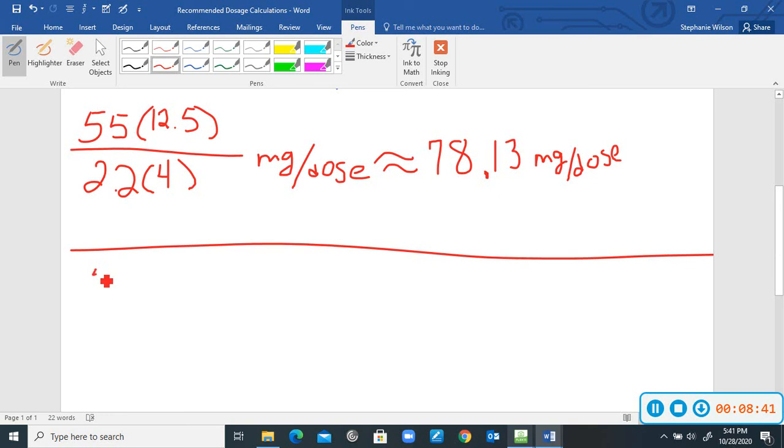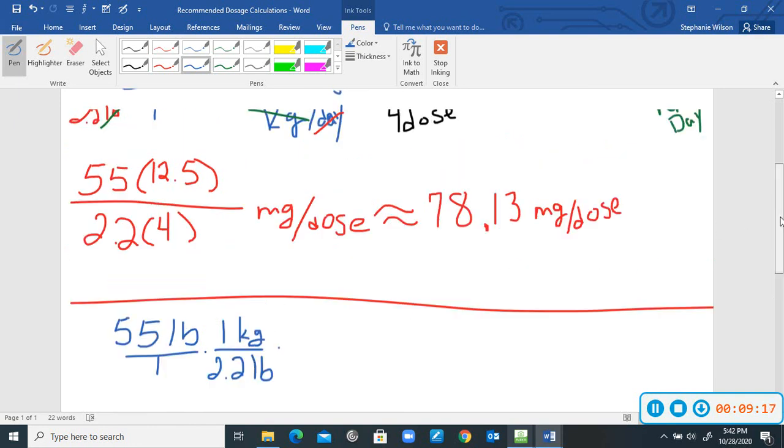So we're going to take the 55. Let's change this to blue. 55 pounds over 1, times 1 kilogram over 2.2 pounds, times, what was my max?